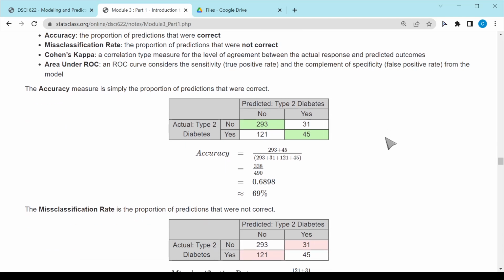First is accuracy, and that's very straightforward. It's the simplest measure that we can have for classification problems. It just measures what proportion of the predictions I got right. There were 293 no-no matches, and there were 45 yes-yes matches. 293 plus 45 is 338. There are 490 people in this study, so I have an accuracy measure of about 69%.